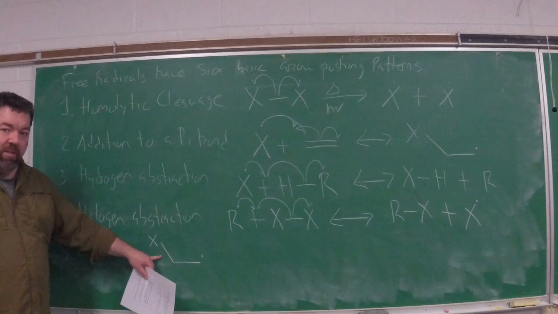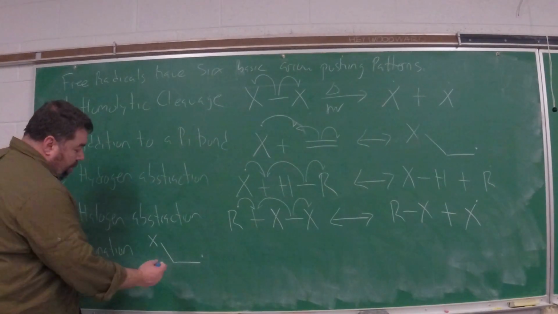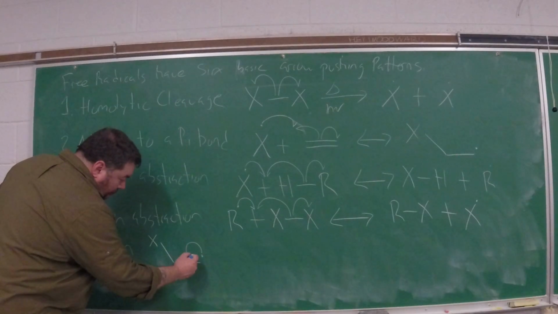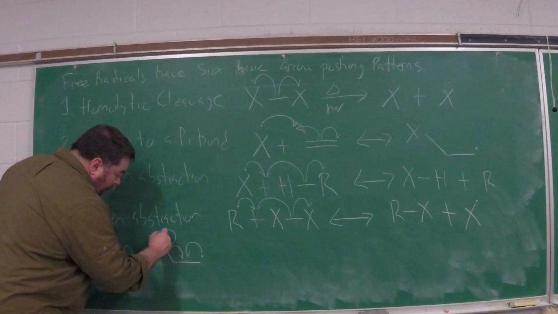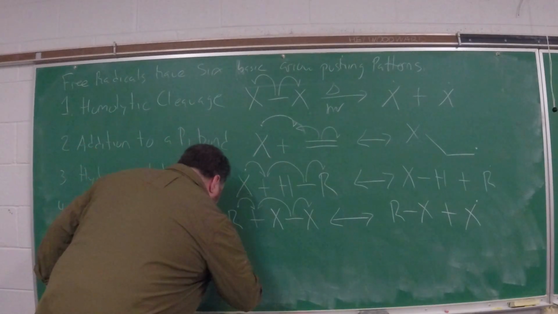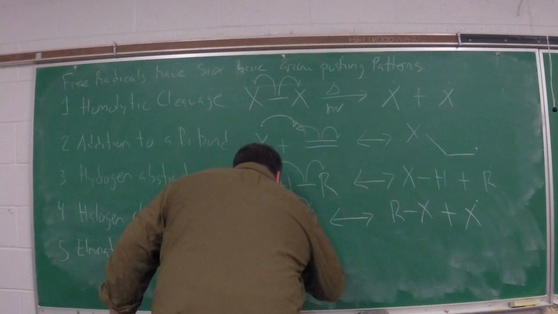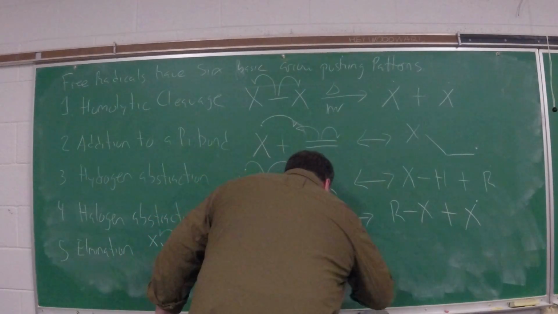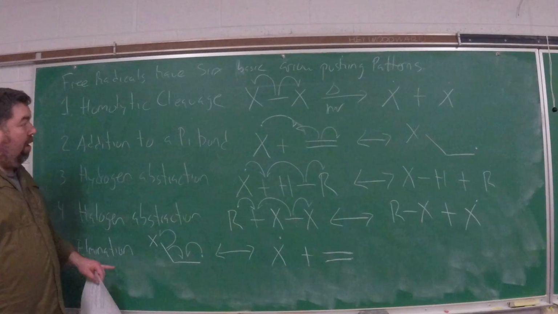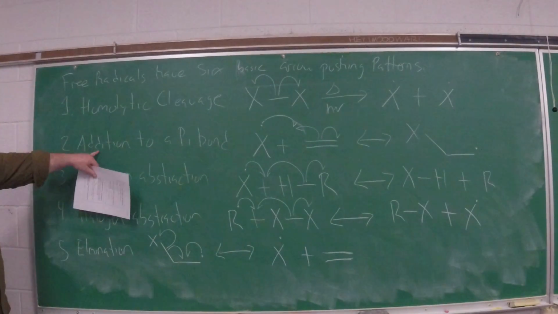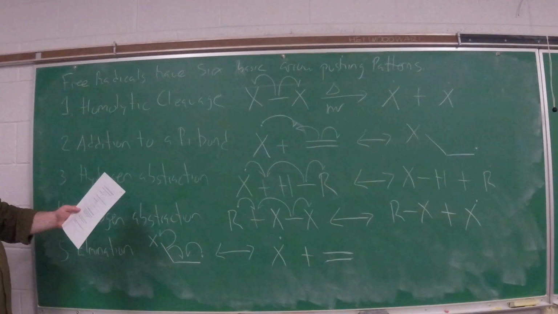So we start off with this, okay? Then we end up with that. Again, it's the reverse of addition to a pi bond. And then we got one more.